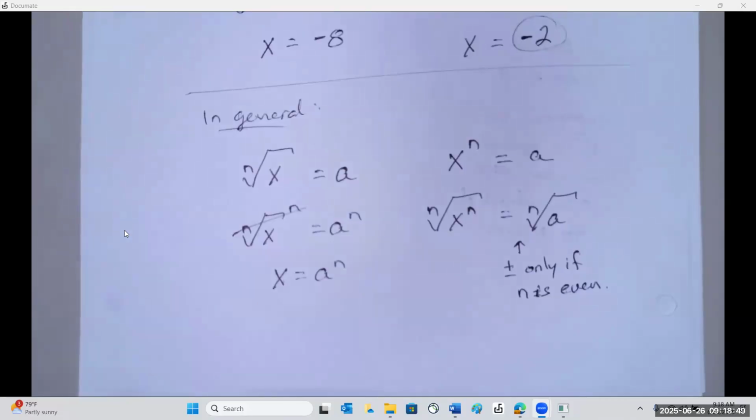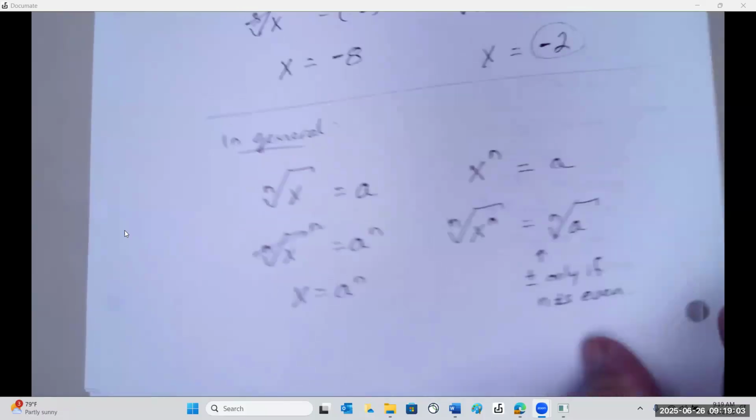Actually, and we know this already because if we look at the graph of our functions, it tells us all this. I'll show you.